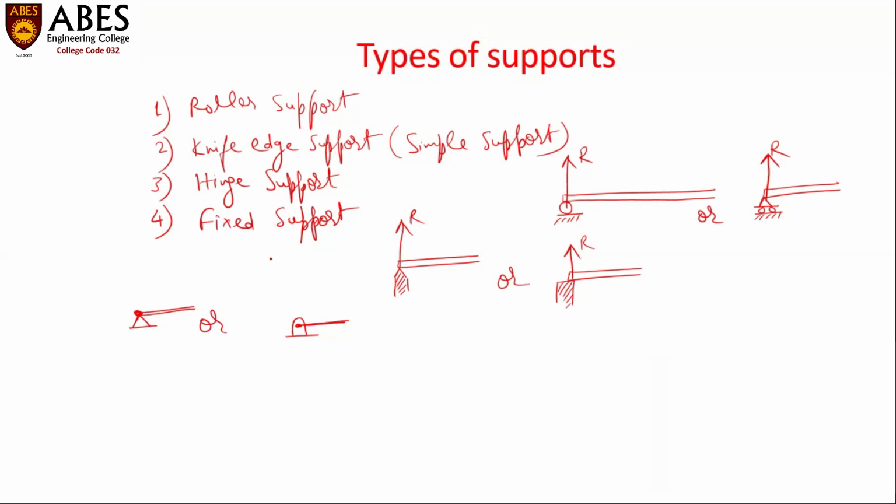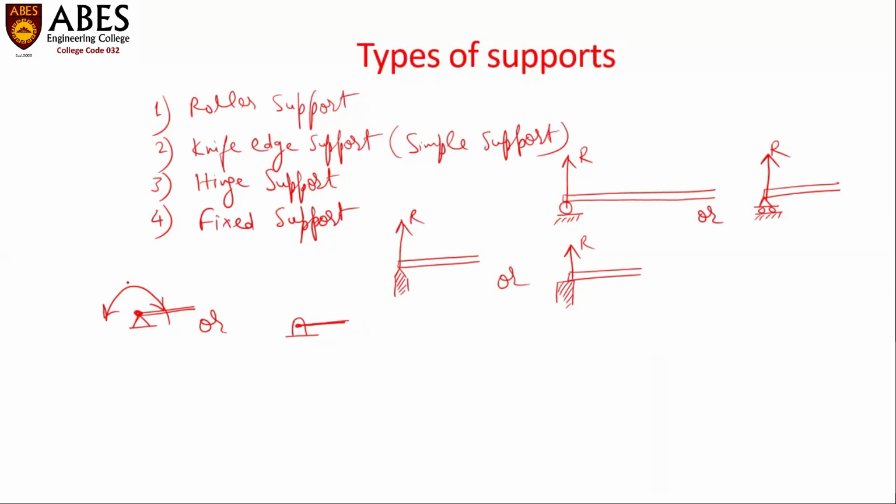In case of hinge support, the beam can only rotate about its center, either in clockwise or in anti-clockwise direction. The rotation may be clockwise or anti-clockwise, but in any case, the beam cannot displace from its position. It cannot move in the horizontal position. It cannot move in the vertical position.